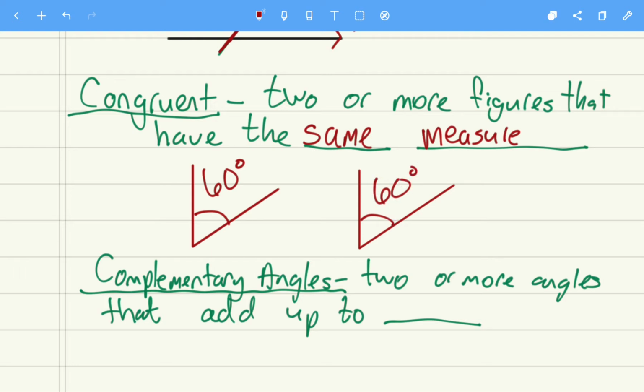This can also apply to other shapes, like triangles. Next unit, we'll be dealing with a lot of triangles. You can see that these are both the same triangles. Another way to look at it is that they are equal.